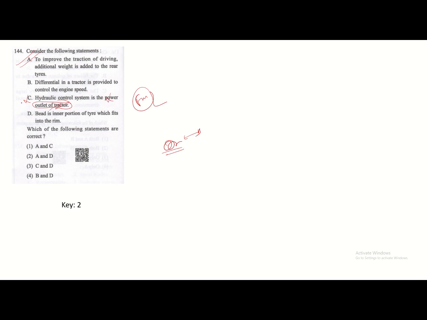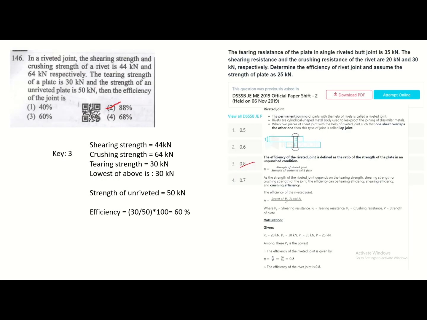So this is also wrong. Now the remaining answer is B and D. Differential in a tractor is provided to control the engine speed. This is also wrong. Now A is correct, B is wrong, C is wrong. So now A and D. So this is option 2.